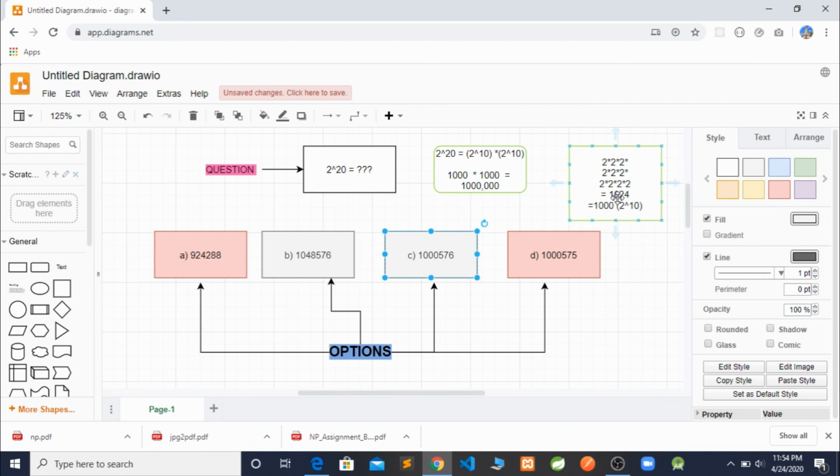It is not that we multiplied 1000 times 1000 and then 24 times 24. That's not correct, so I'm going to eliminate this option as well. Definitely the remaining option is our answer. So the answer is B in this case.